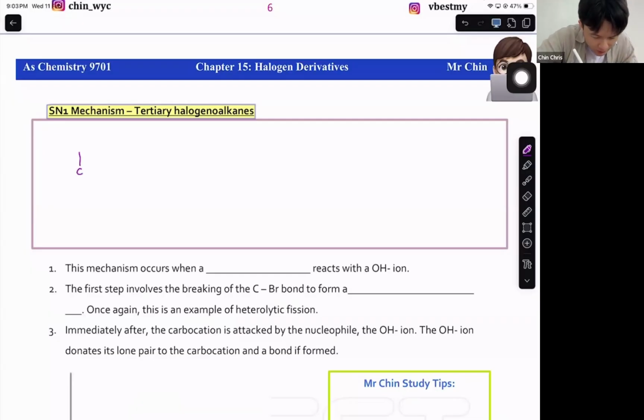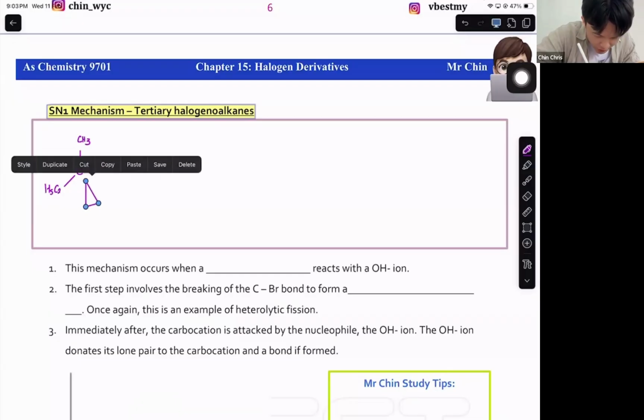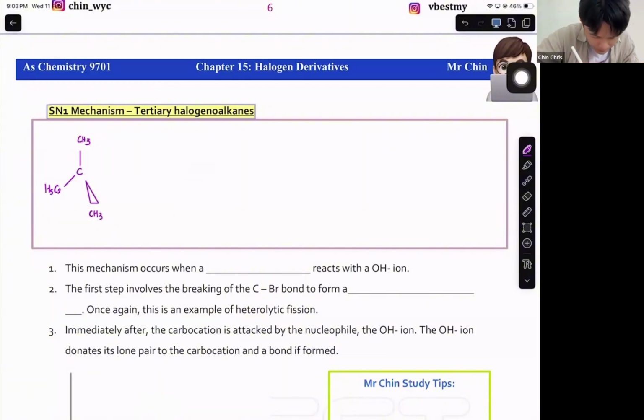So I'll show you one example. I have a CH3, I have a C2H5, I have another CH3, that's a tertiary. And I have a Br.